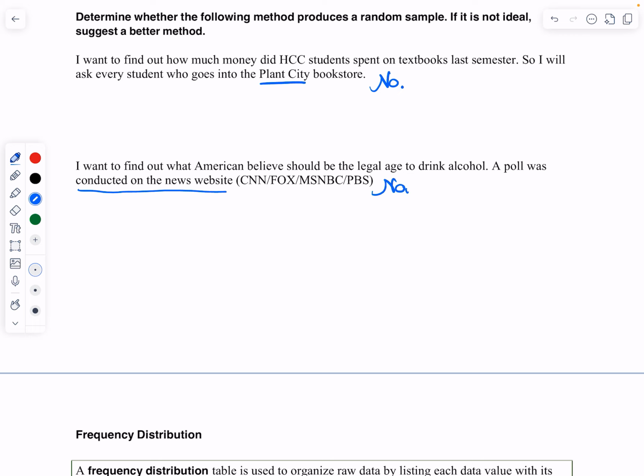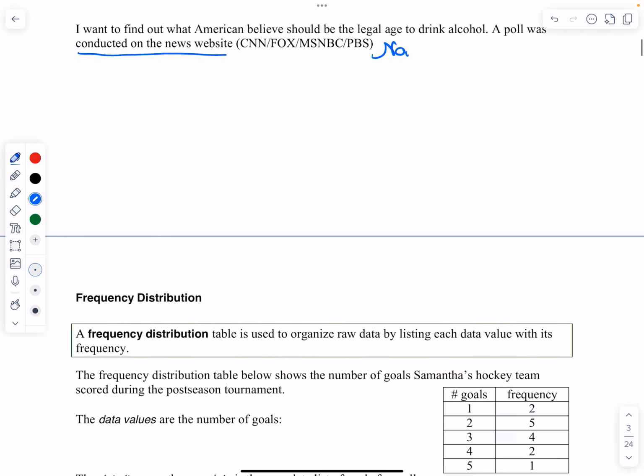There's biases with people who watch particular news sources like CNN or Fox, for instance. So no, this is not random, and it is not ideal. A better method maybe would be to send everybody in the state of Florida a questionnaire and see who responds to it. I guess that would be a little bit better.